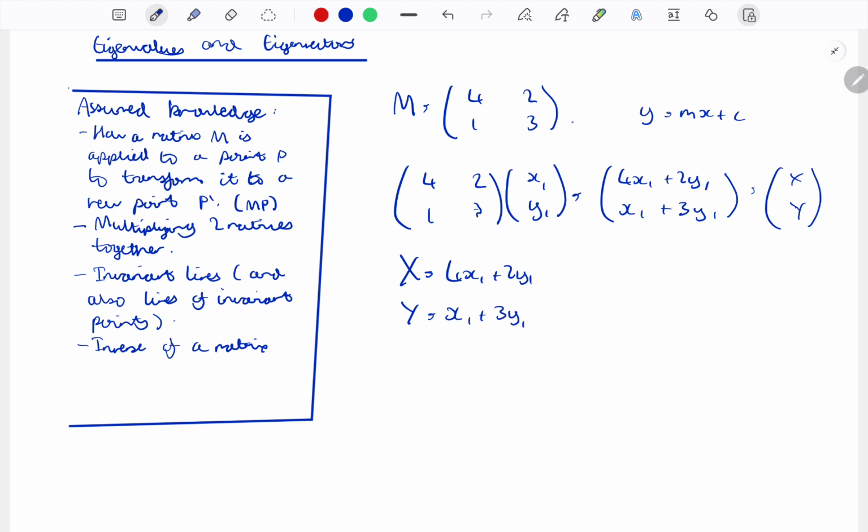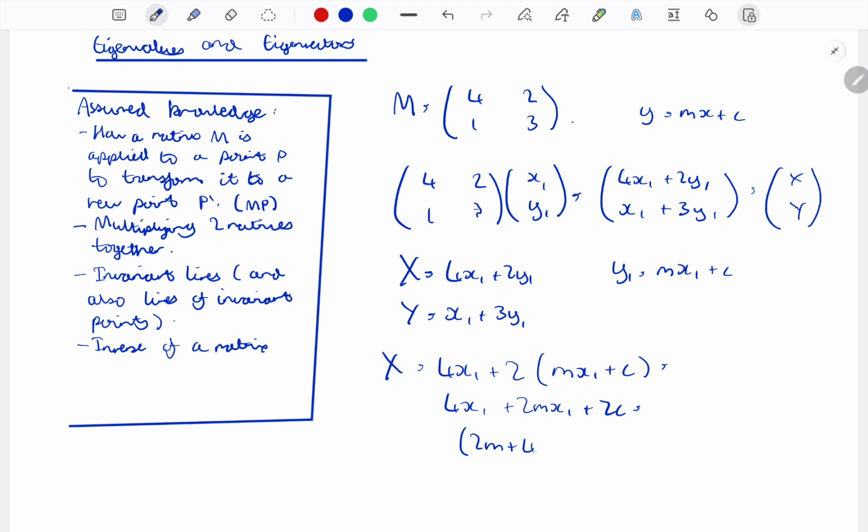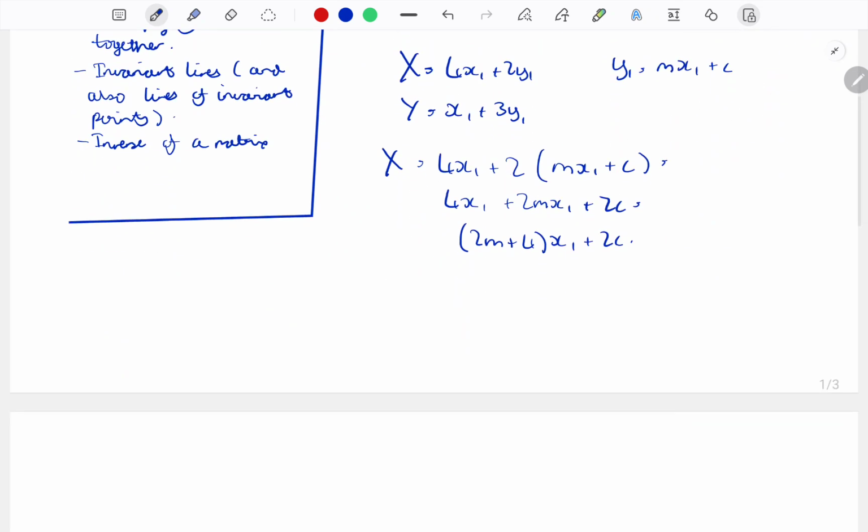Due to the invariant line, we know that y1 is equal to m x1 add c. So we can say that big X is equal to 4x1 add 2 times (m x1 add c), which is 4x1 add 2m x1 add 2c, which is (2m add 4) x1 add 2c.